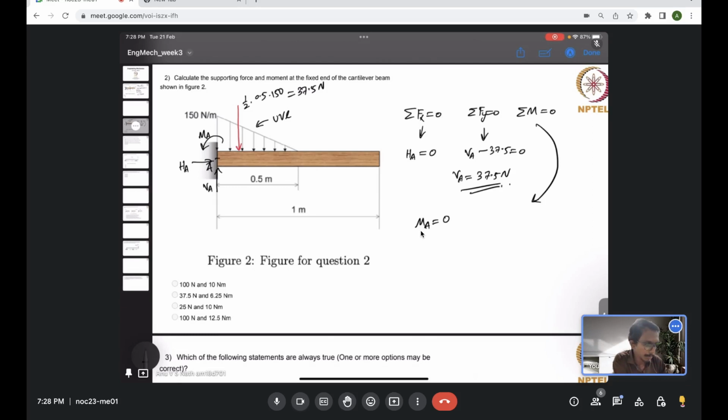So first we will write the moment equation. Let me not confuse you with the notation. Here I am writing the net moment about point A. Somebody raised a hand. You can ask a question if you have any.